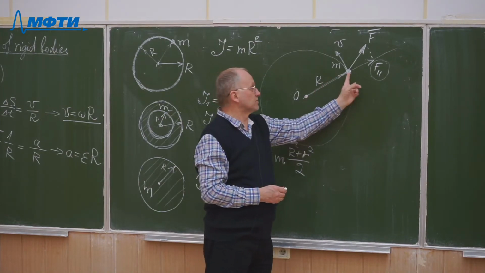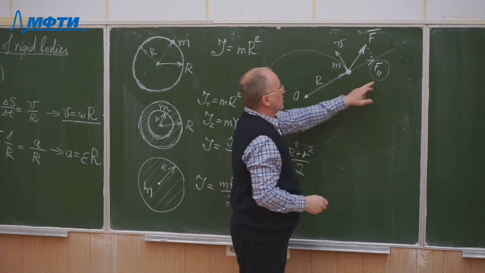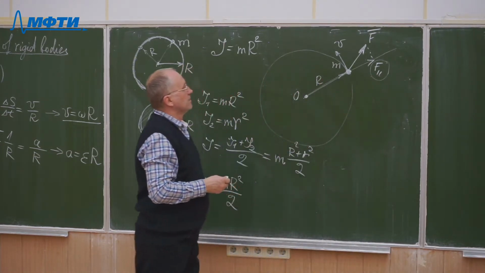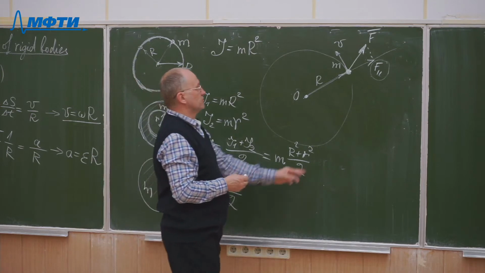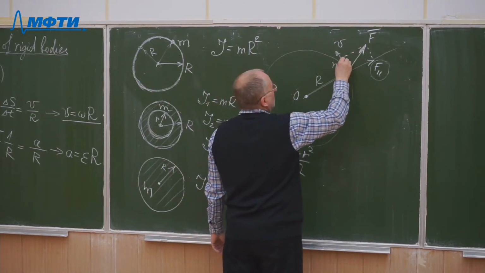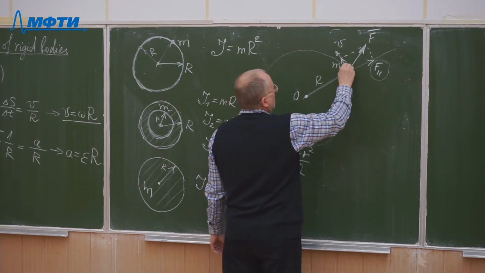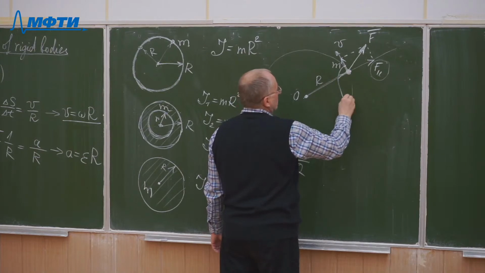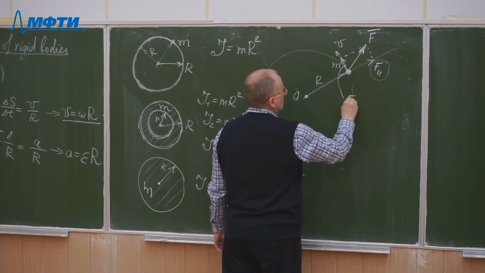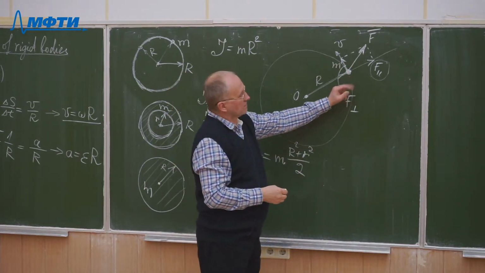It cannot be deformed. It cannot be elongated. So the force F parallel cannot influence the motion of this point. But the other component of the force, the perpendicular component, perpendicular to the radius, will certainly change the motion.